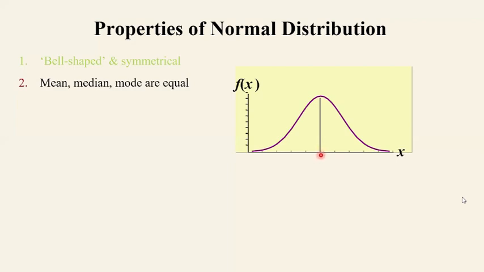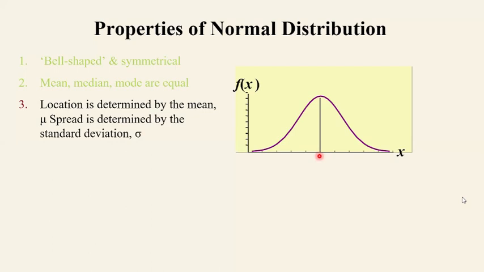This is the mean value, this will be the median, and this will be the mode. Mode is the highest frequency; this point is the highest frequency, and the corresponding x value is this one. So these three measures of central tendency, mean, median, and mode, are equal for the normal distribution.